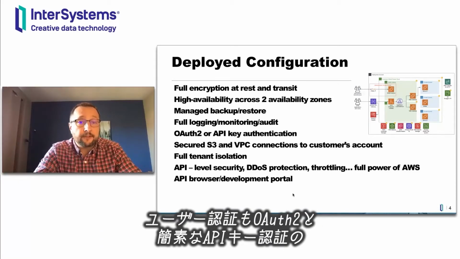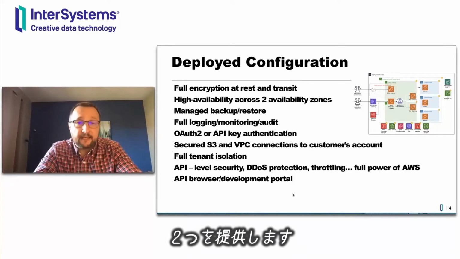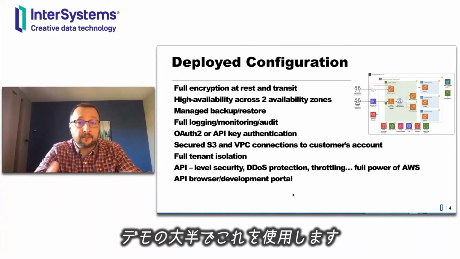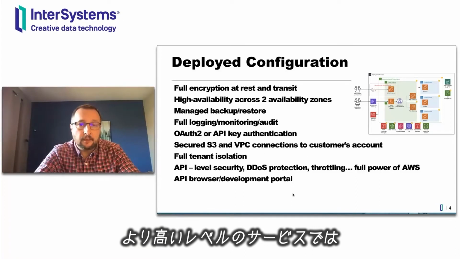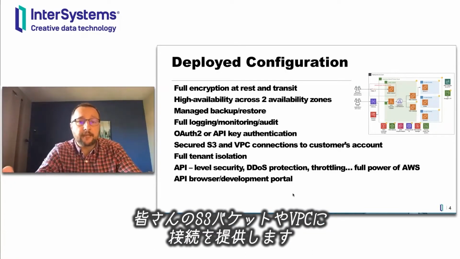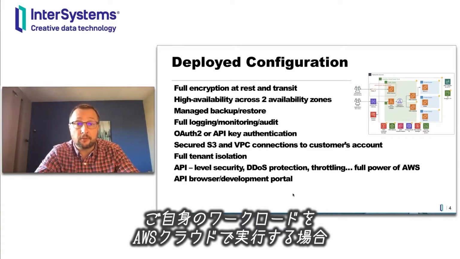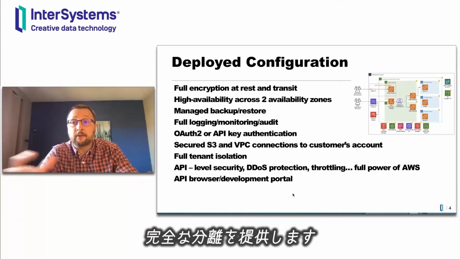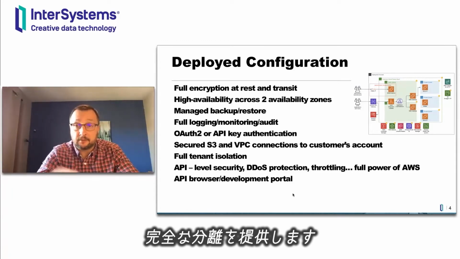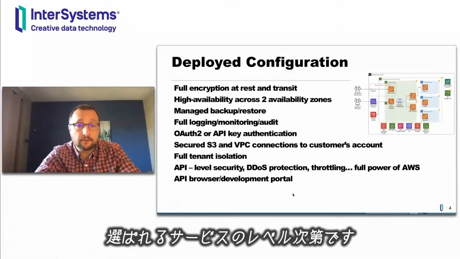We give you 2 different ways of authenticating your users, OAuth2 or simplified API key authentication that will be used through the rest of our demo, or most of it. On the higher levels of service, we give you connections to your own S3 buckets and VPCs. If you happen to run your own workloads in the AWS Cloud, we provide you with full isolation on the level of either VPC or AWS accounts, depending again on the level of service that you choose.